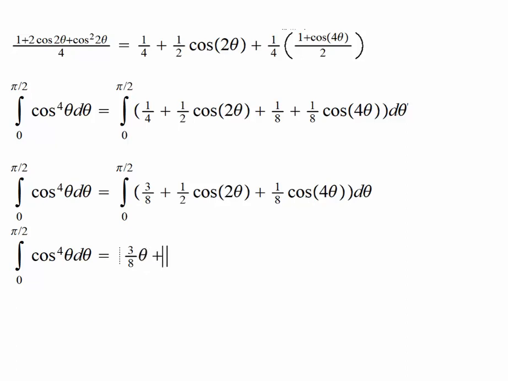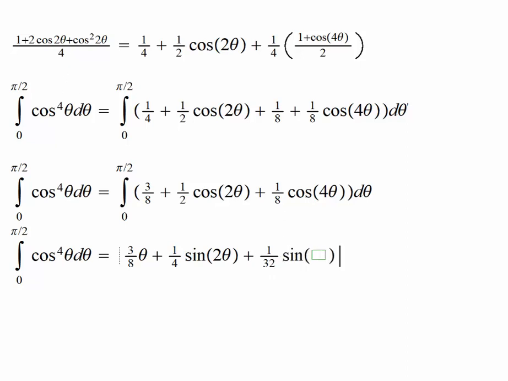Then plus cosine 2 theta. What's the antiderivative? It's sine 2 theta over 4 by substitution. Or by now you have matured enough into this to realize it directly like that. And here it will be sine of 4 theta over 4. So that will be 1 over 32 sine of 4 theta.